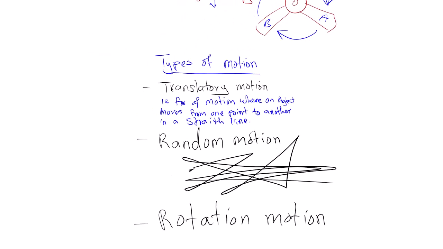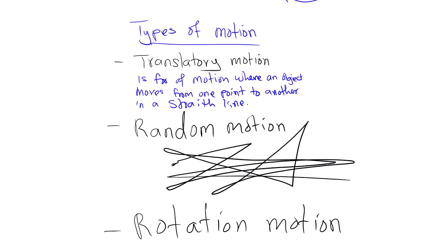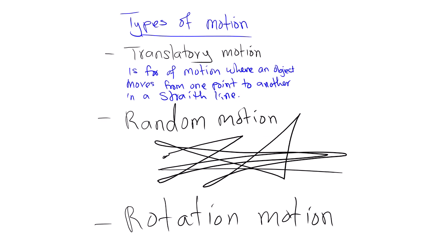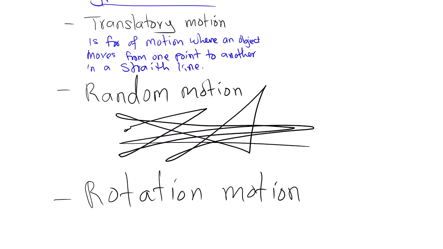Remember, in the other two types of motion, the object changes position or location from point A to point B. Again, in random motion, the object moves from the original point to somewhere, with no specific direction, going into different directions. So that one also is a change in position.